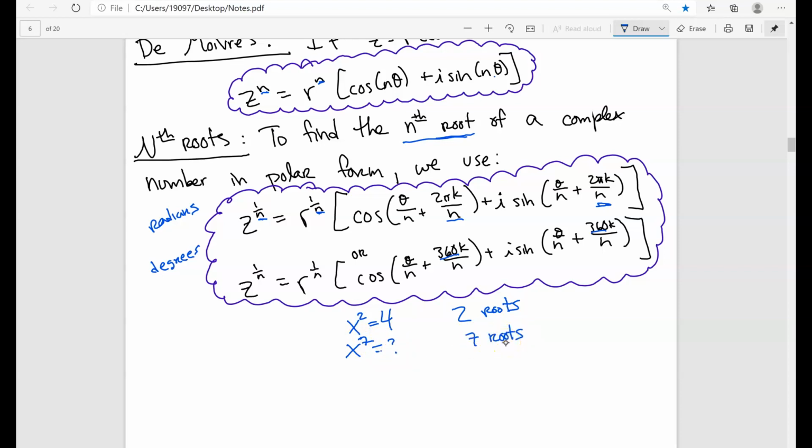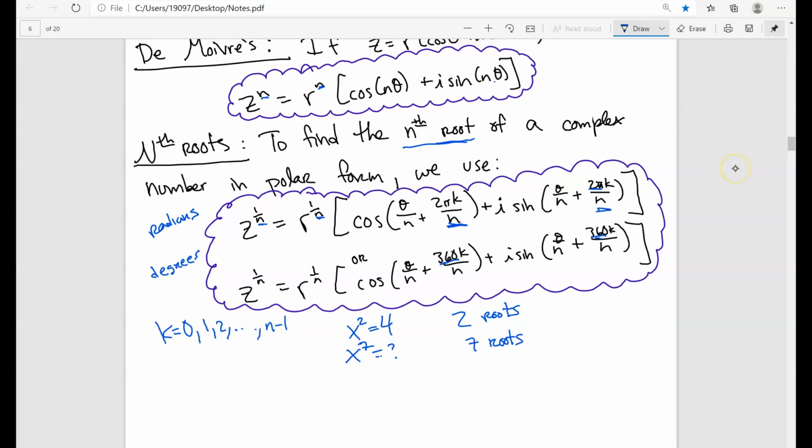So these tell you all the different roots that you're going to get, and you have to work through them to figure out what all of them are. The way we do that depends on what n is. Your value of k is going to start at 0, 1, 2, and go all the way until you get to n minus 1. So that's how k is going to work.